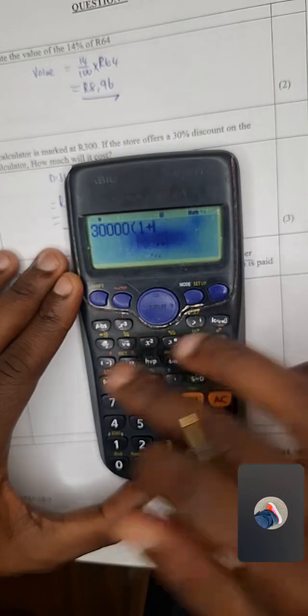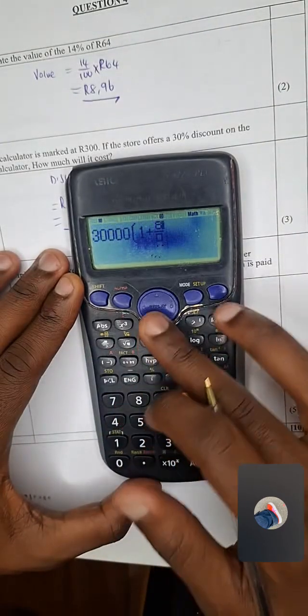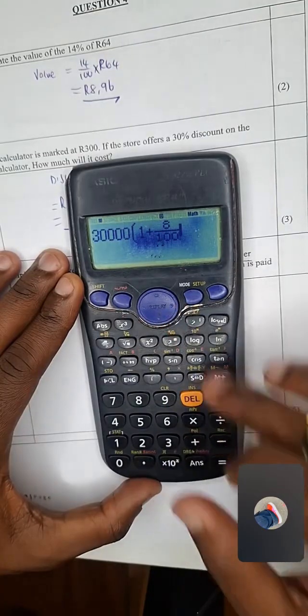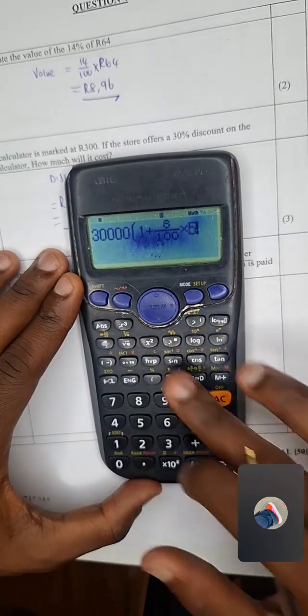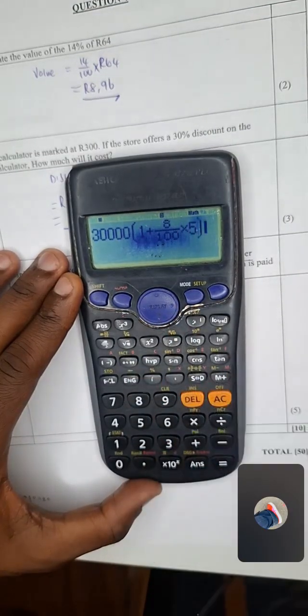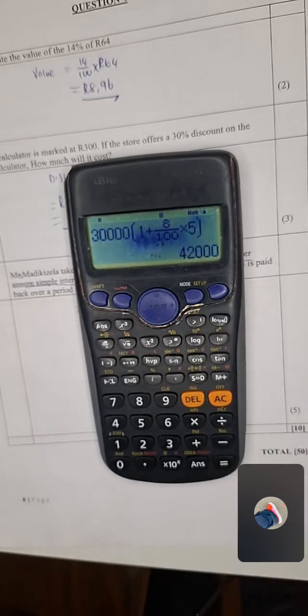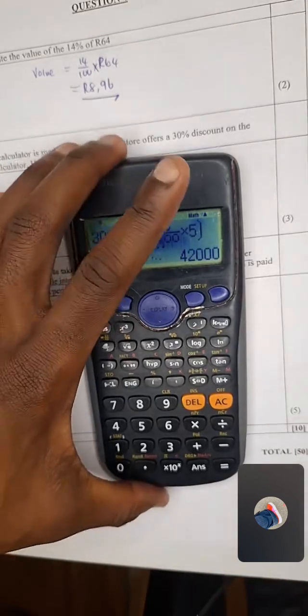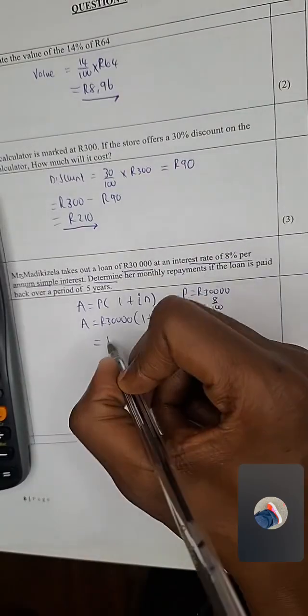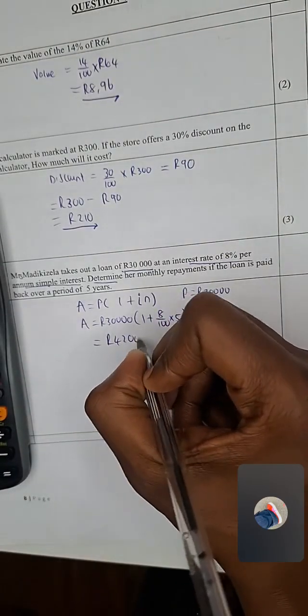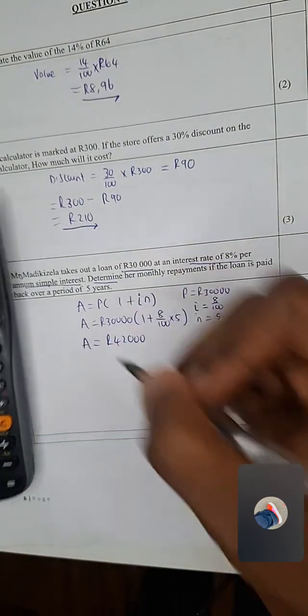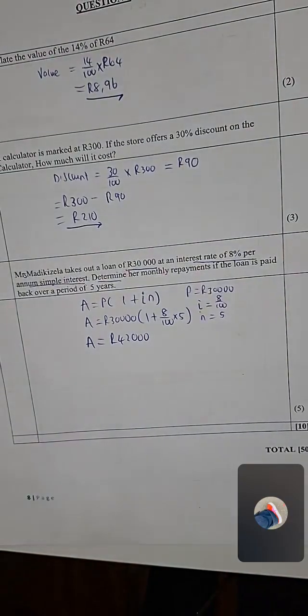Then after it will be 8 over 100, which is equal to 0.08. My calculator can do such wonders with the fraction. Then we'll say equal to. So that is our answer for Mrs. Madikizela.